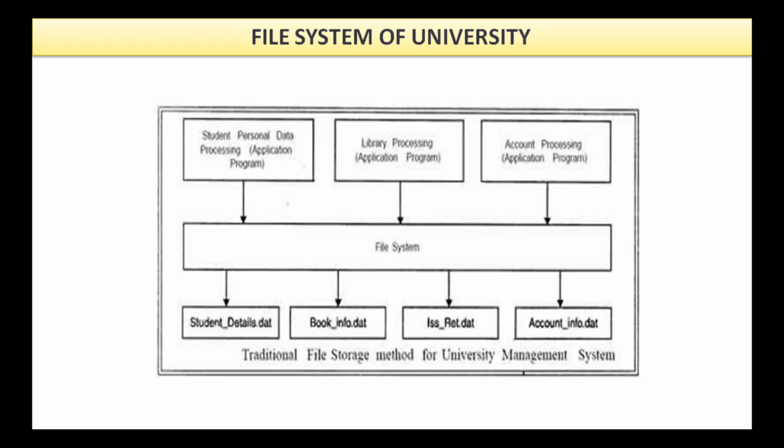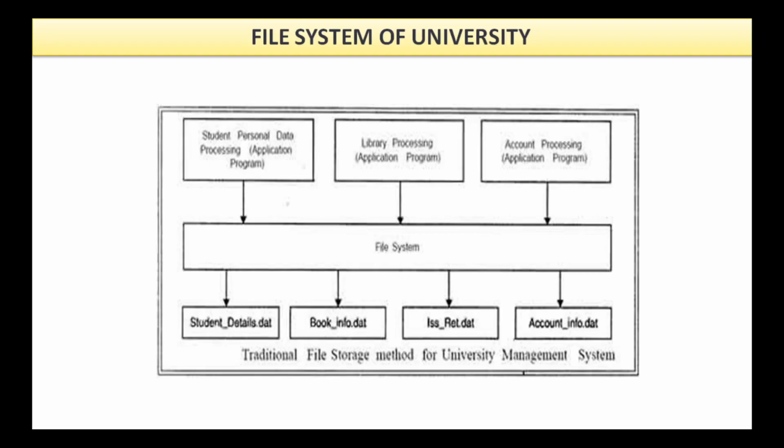So you see this diagram also, the file system of a university. Here we are maintaining the file based system. In the university, we have to maintain the student personal data processing application, and also the library processing application, and also the account processing application. We have so many application programs in the file system.